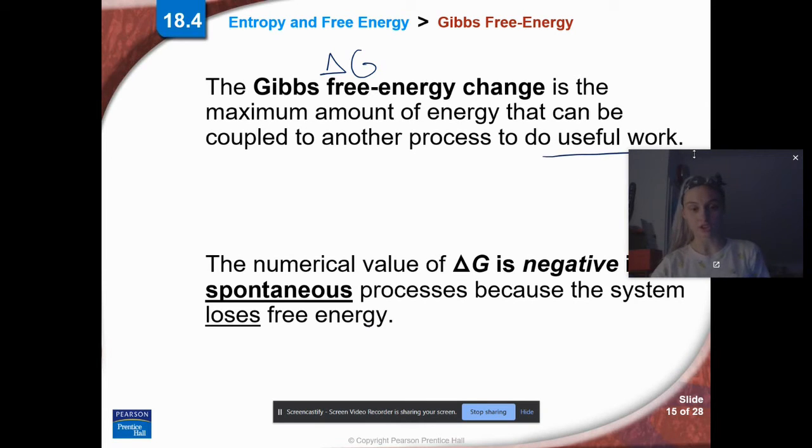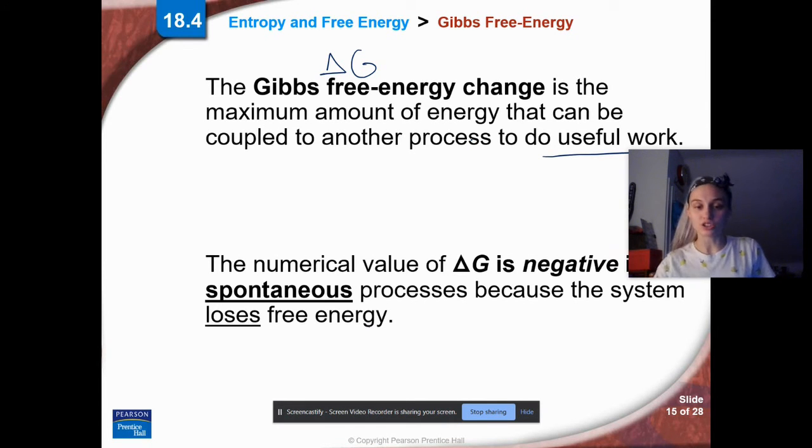It's just the maximum amount of energy that can be relayed to a different process, aka a non-spontaneous reaction that's not going to happen by itself, to do useful work and make that reaction happen.